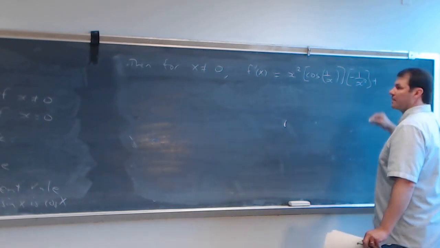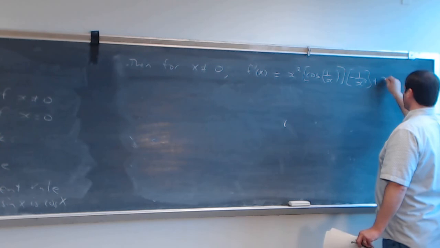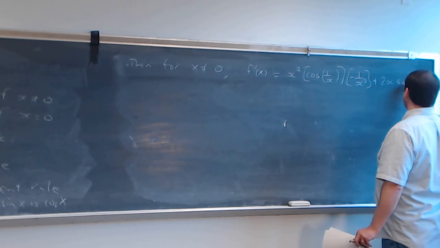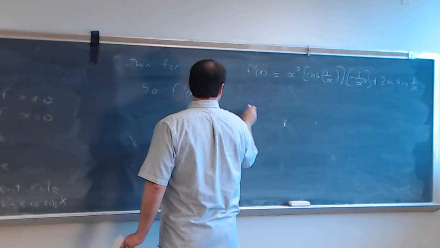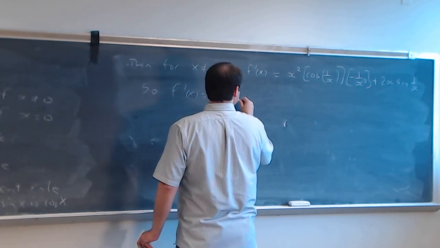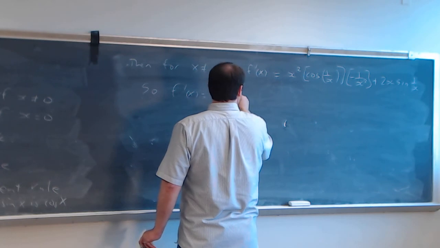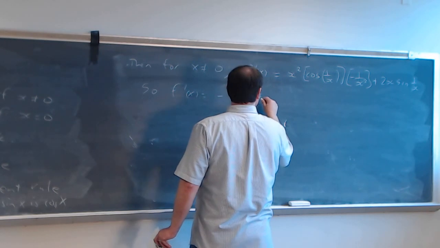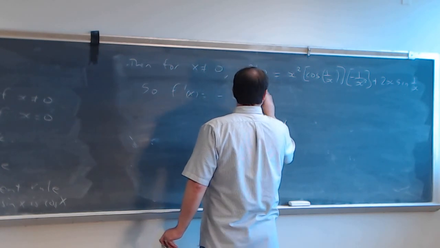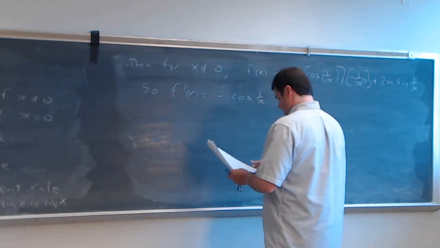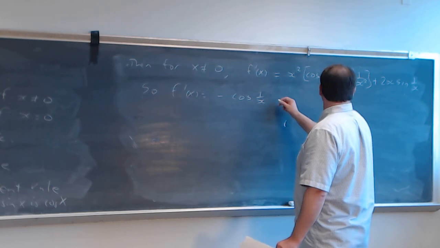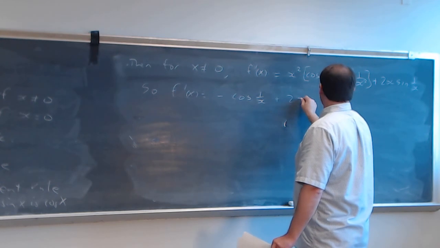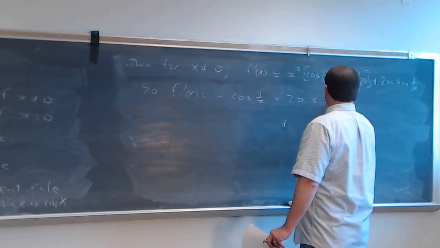Then plus the derivative of the first, 2x, times sine of 1 over x. Simplifying that, we get f prime of x is equal to minus cosine of 1 over x plus 2x sine of 1 over x.